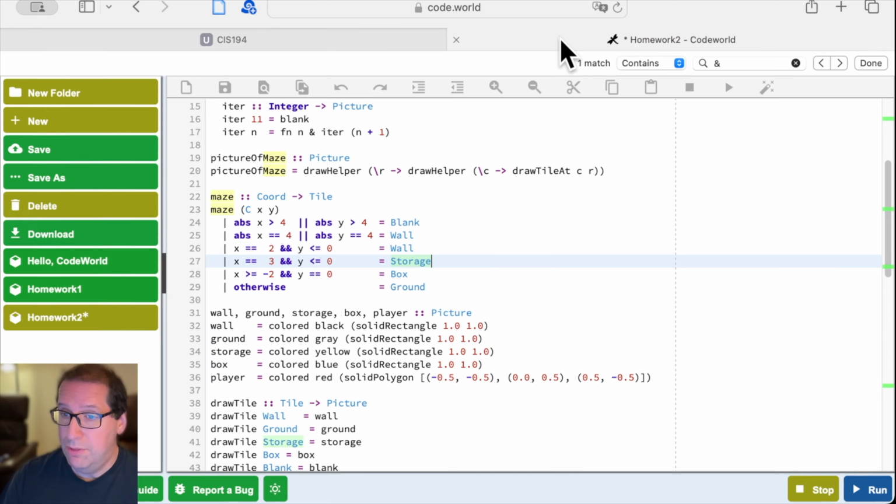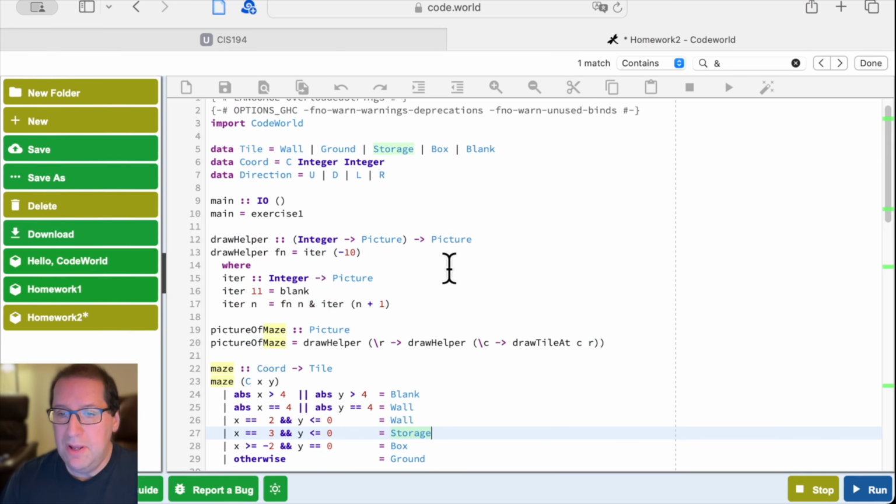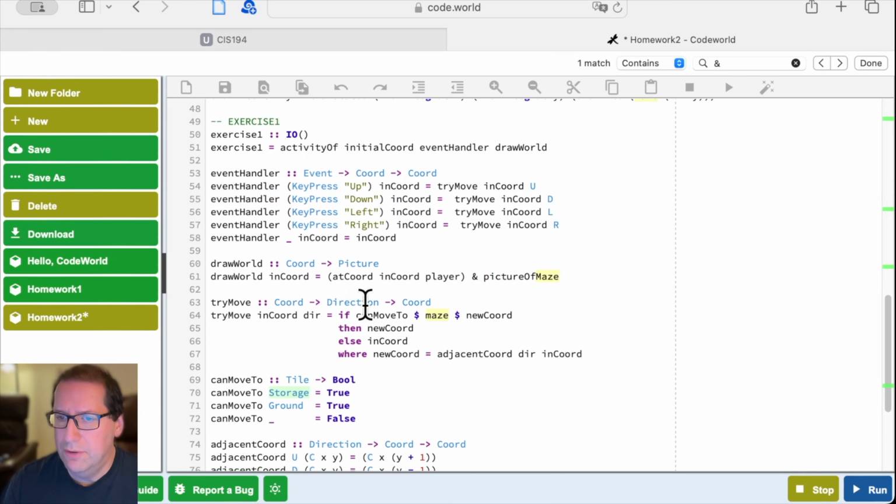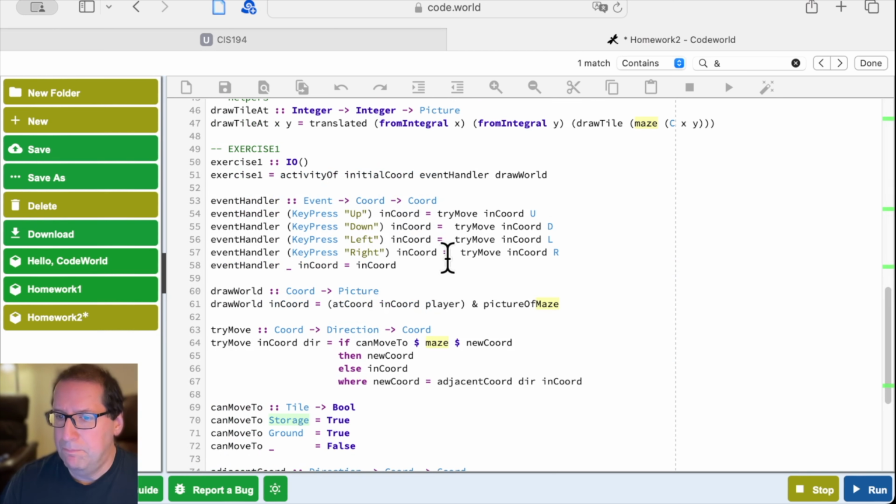And if you think about it, we have this type coord in Exercise 1. The event handler goes from the state of the world to the state of the world. So the event handler takes the event, it takes coord as the state of the world for this polymorphic type in activityOf.